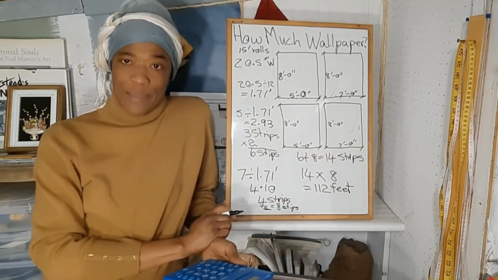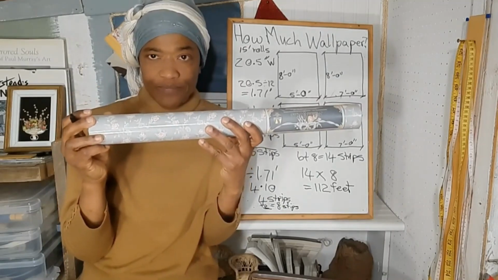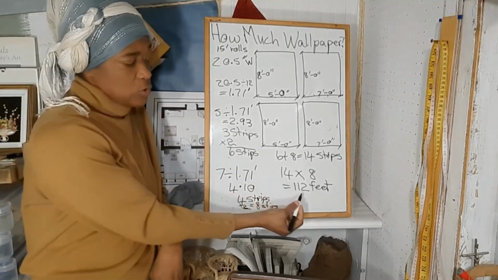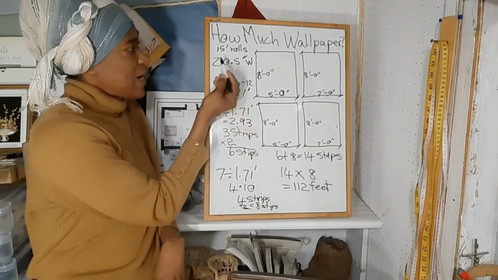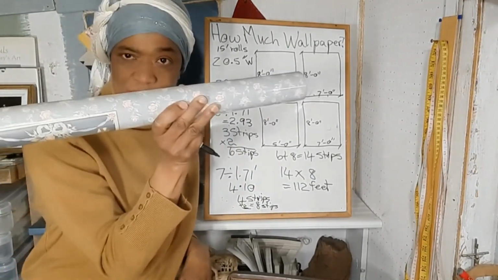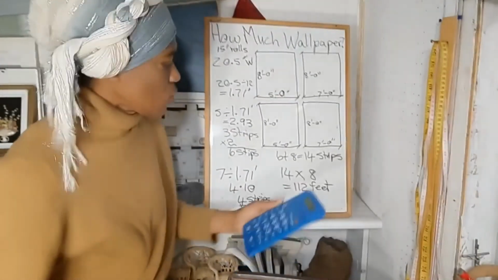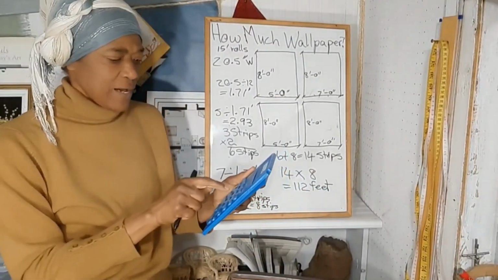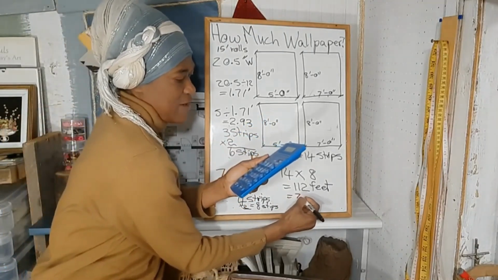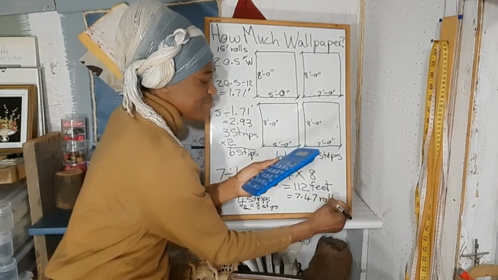feet of wallpaper. But wallpaper is sold in rolls. So what do we do next? We take the 112 feet here and we divide by 15 because there are 15 feet of wallpaper in one roll. So 112 divided by 15 equals 7.47 rolls.